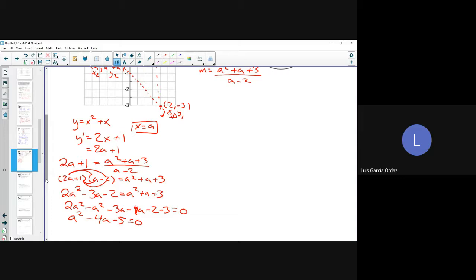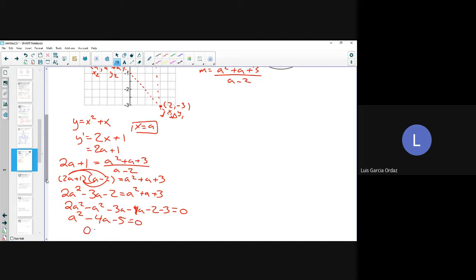And as you can see, we have a quadratic, a squared minus 4a minus 5. If we were to factor that, guys, what would my two binomials be in brackets? Sum of negative 4, product of negative 5. So we get a plus 1 and a minus 5.